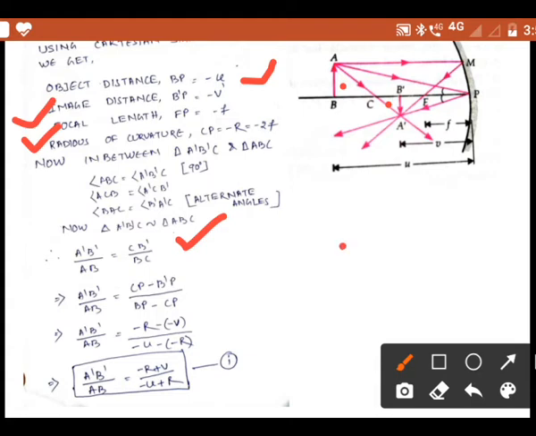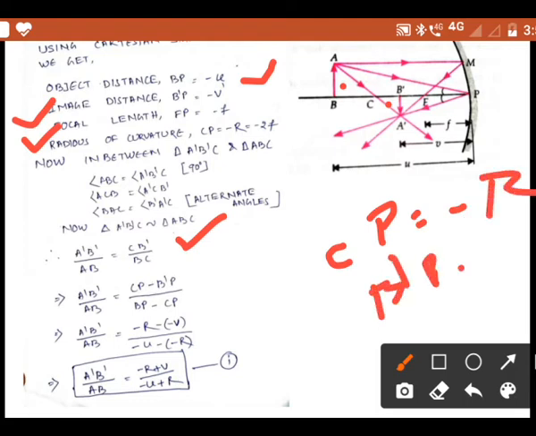CP is the radius, you can write minus r. B dash P is the distance of the image, you can write minus v.